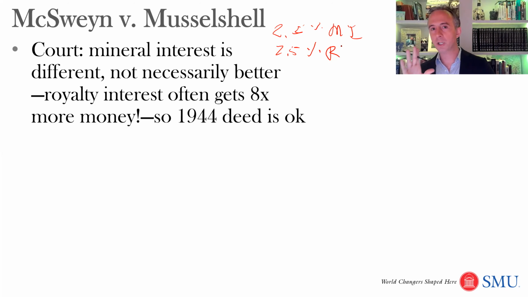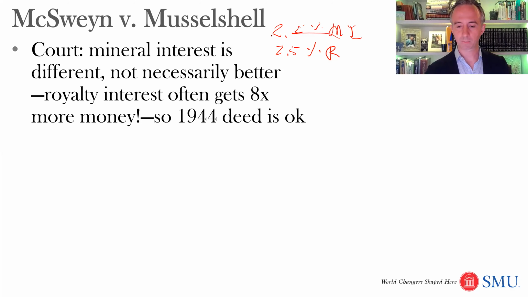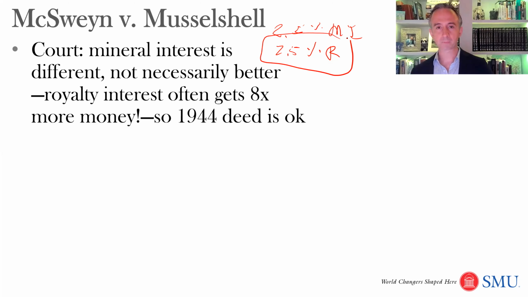So if you have a 100% mineral interest, you get 1/8 of all the production that happens on this land. If you have a 2.5% mineral interest, you get 1/8 of 2.5% of the production. So you really get much less than 2.5% of the overall production. By contrast, if you have a royalty for 2.5%, 1/40th, you get that full 1/40th of production.